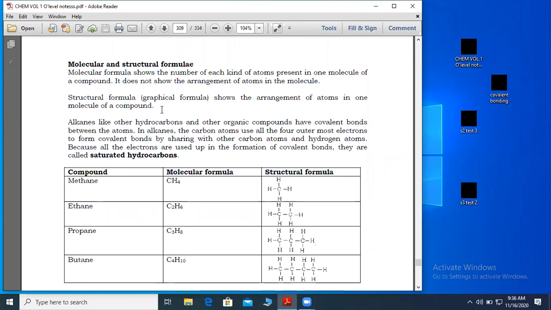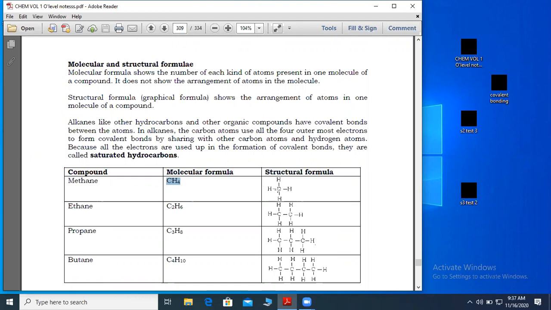Molecular formula shows the number of atoms in a molecule. For example, CH4 for methane shows you that you have 1 carbon atom and 4 hydrogen atoms. Then structure formula shows the arrangement of atoms in a molecule.